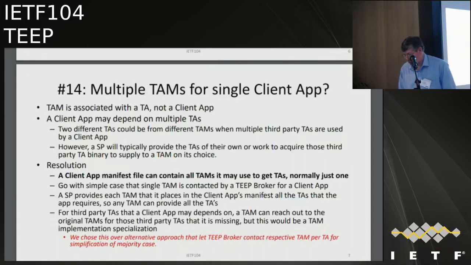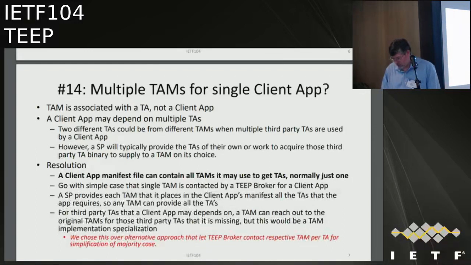This is in contrast to the alternative approach you mentioned, that a manifest file can have 3 TAs listed, and for each TA, it indicates the TAM it can go to get installed. In this case, the TEEP broker will do the orchestration. It will talk with the respective TAMs to get each TA on the client side.